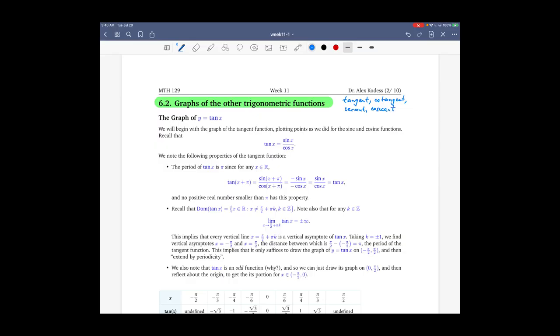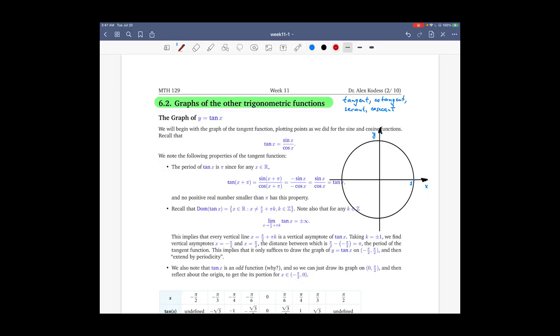Let's start with the tangent function and summarize what we know about it. Let's first of all recall our definition of tangent through the unit circle. If we have the unit circle centered at the origin, recall that tangent has a very clear geometric meaning.